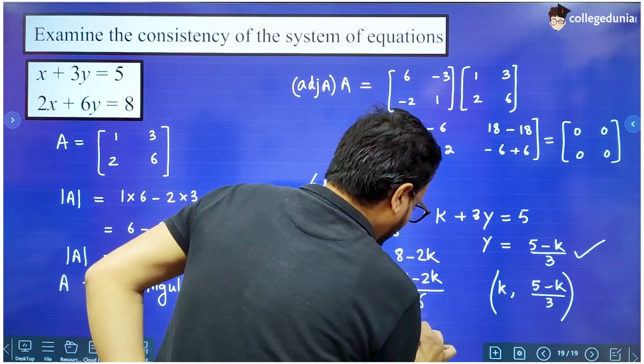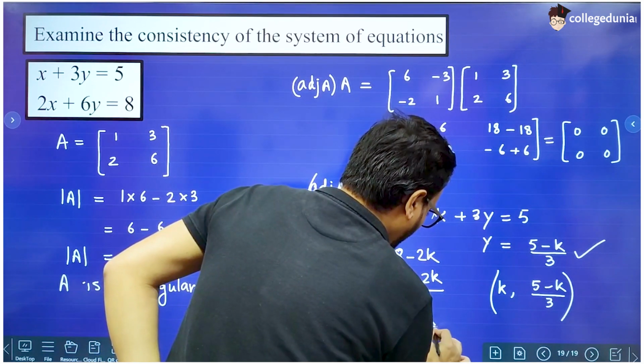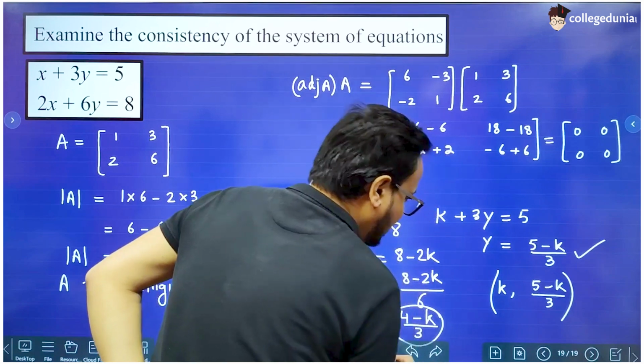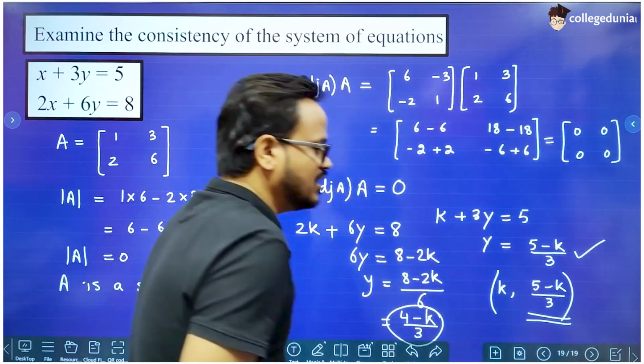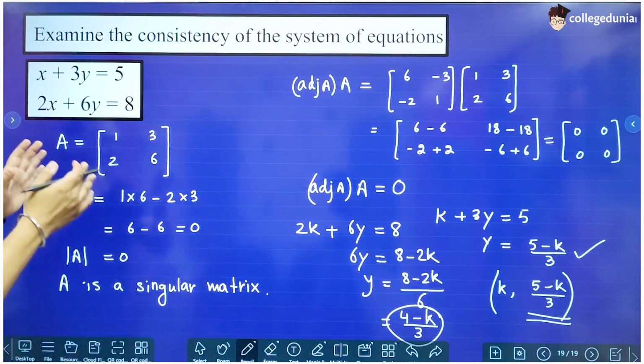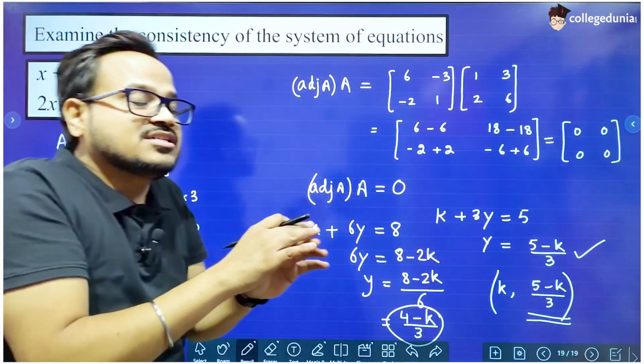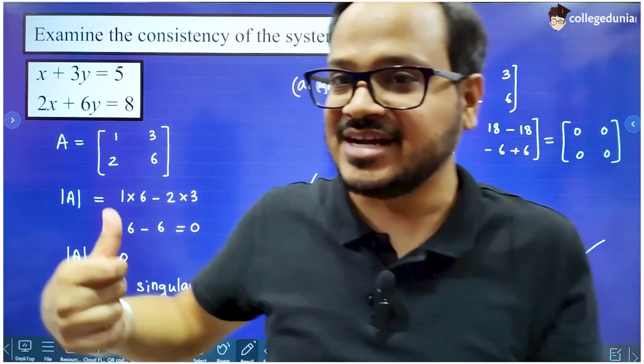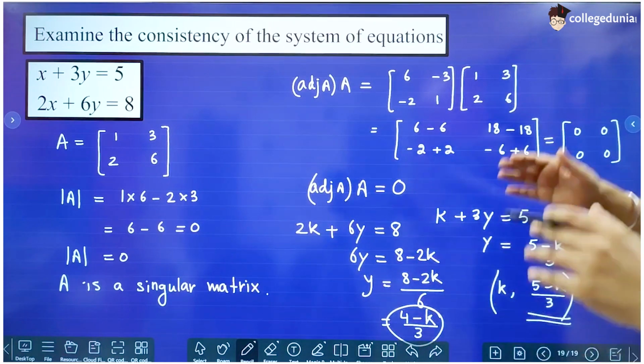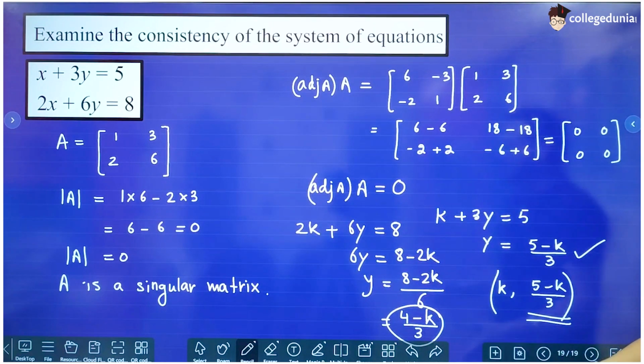If we take 2 common, it is 4 minus k divided by 3, which is not equal to this. If these two values of y were equal, we could have said that this set of equations has infinite solutions. But this does not have infinite solutions. So it is an inconsistent system which cannot be solved, right?